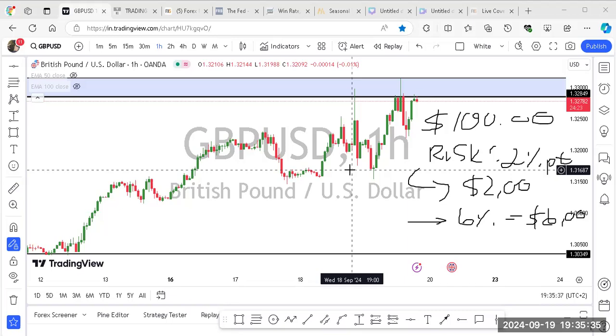So always determine your stop loss from the get-go, right? Measure those pips from your entry to where, if it goes wrong, this is where I will know that it has gone wrong.